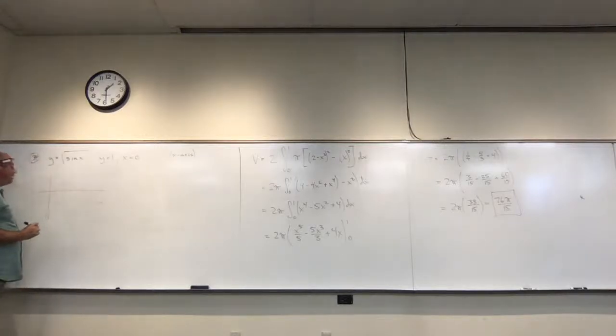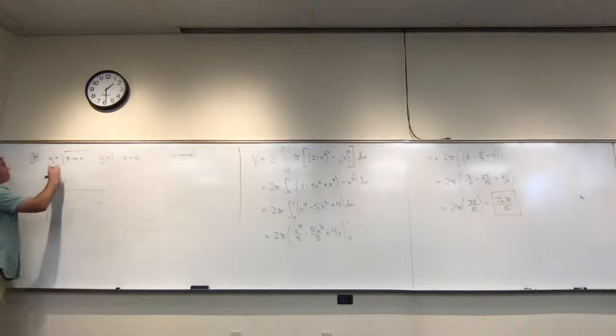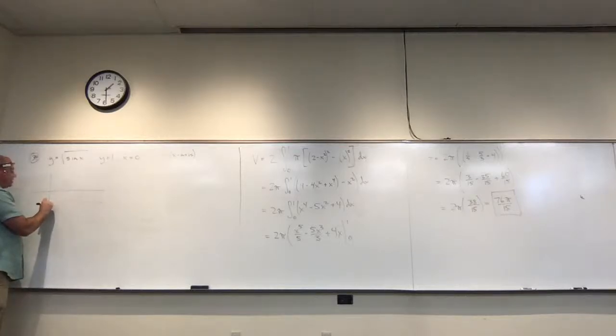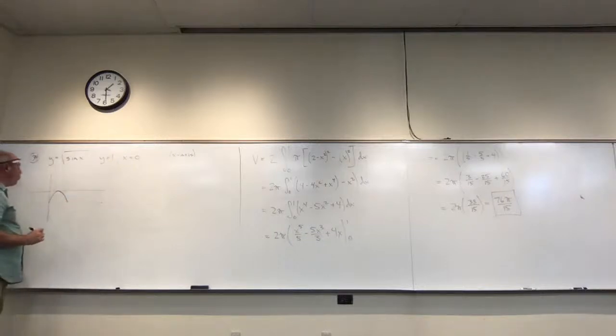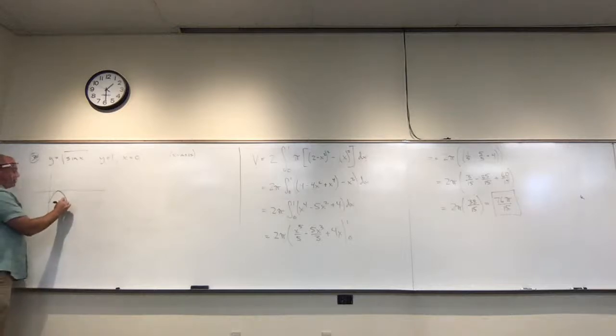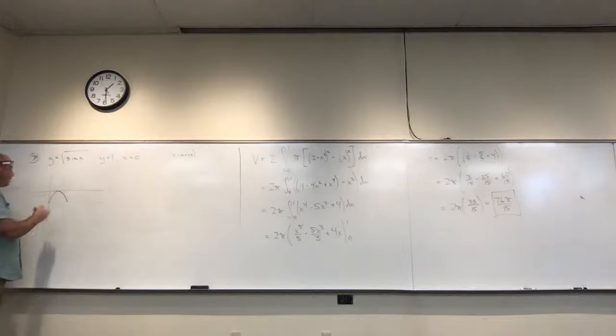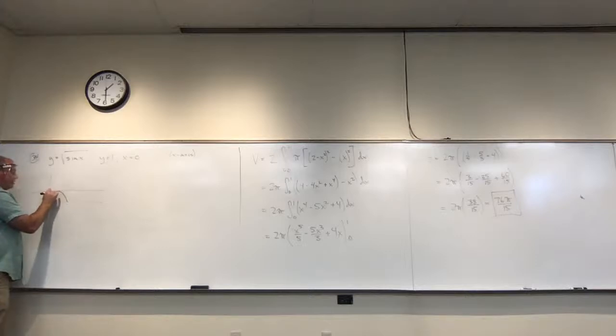And then we have square root of sine of x, which kind of does this sort of thing for a little while at least. It actually keeps going and does some other things over here, but I don't care so much because this is the region that's bounded by all three. Here, here, here. So we're talking about that thing.